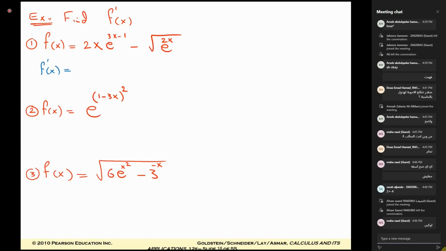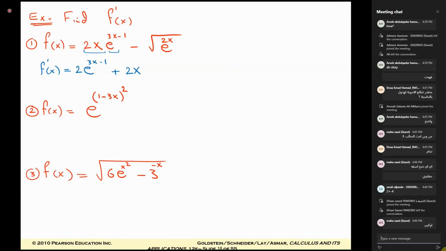Here we have a product. We have 2x multiplied by e to the power 3x minus 1. So we must apply the product rule, with the first and the second. How can we find the derivative? The derivative of the first, which is 2, multiplied by the second, e to the power 3x minus 1, plus the first, 2x, multiplied by the derivative of the second.